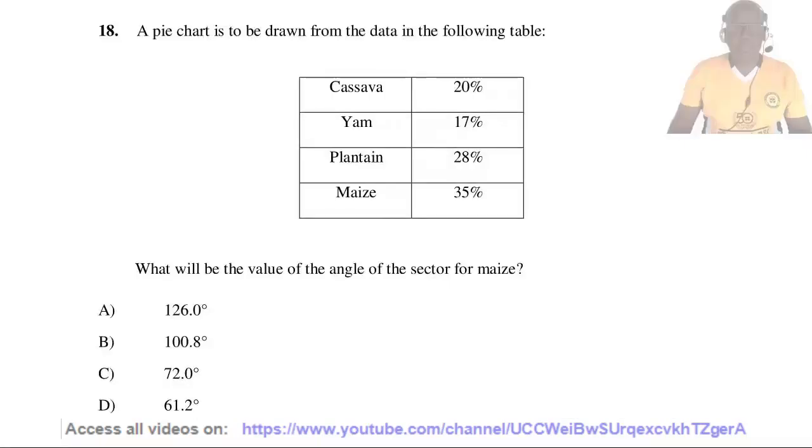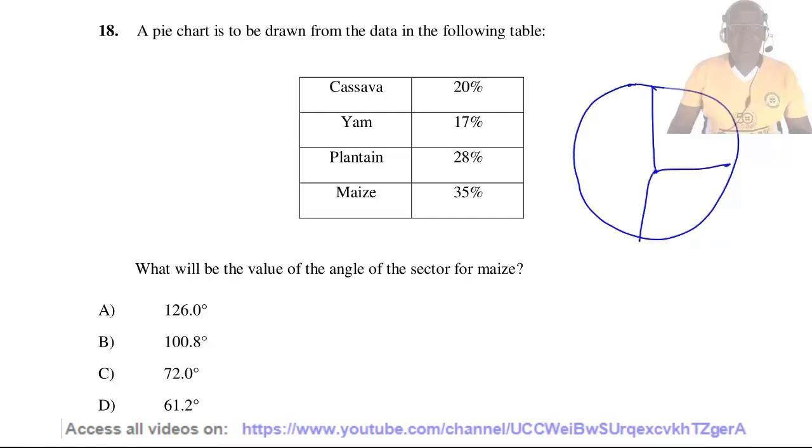Question 18. A pie chart is to be drawn from data in the following table: cassava 20%, yam 17%, plantain 28%, maize 35%. What will be the value of the sector for maize? In the pie chart, the sum of the angles should add up to 360 degrees.